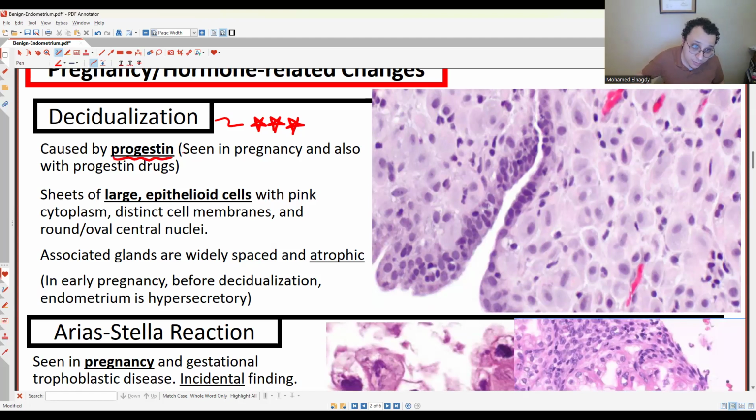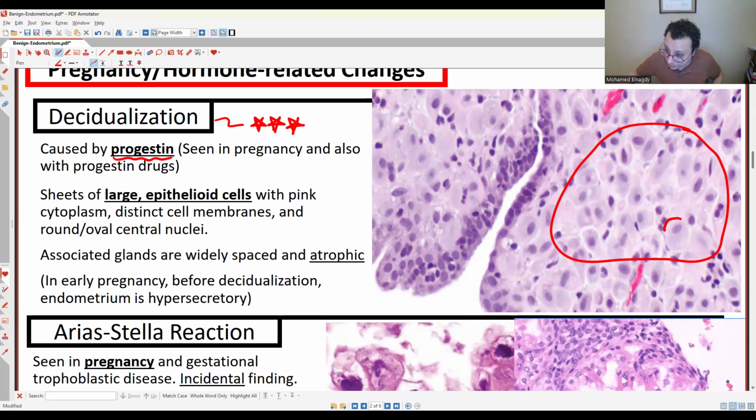This is what's caused by exposure to progestin. Progestin, guys, leads to this kind of decidualization of the stroma. See the stroma here? The stromal cells are now not spindle anymore. See, there are no spindle stromal cells. The stromal cells are getting very plump. They are becoming very plump, epithelioid.